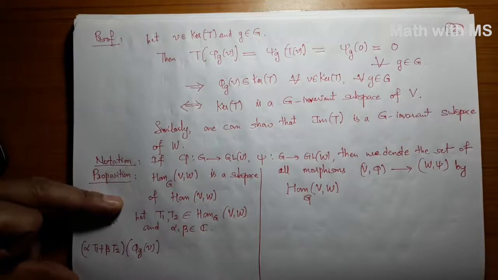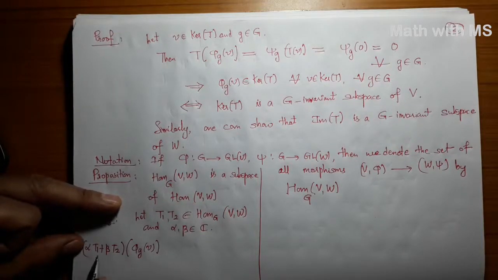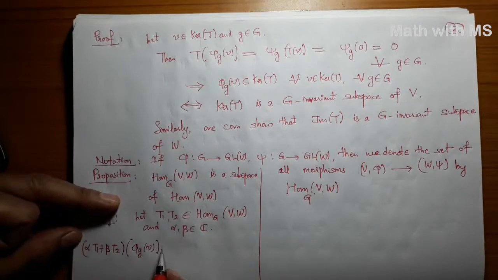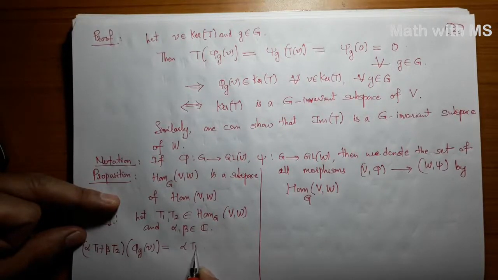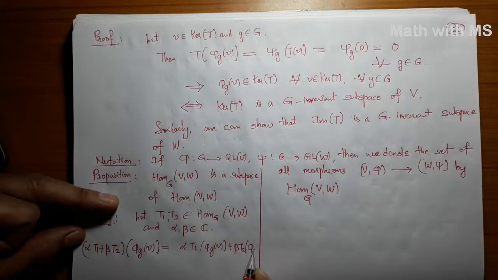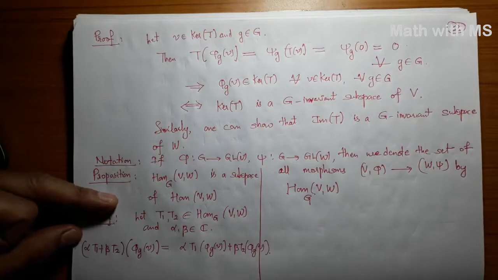But the sum of two linear operators is a linear operator, so it acts in the standard way. So this is just the same as alpha times T1 acting on phi_g(v) plus beta times T2 acting on phi_g(v). But what is this?